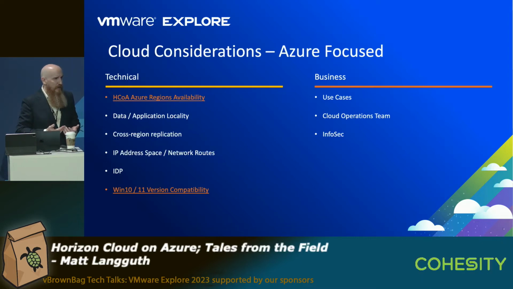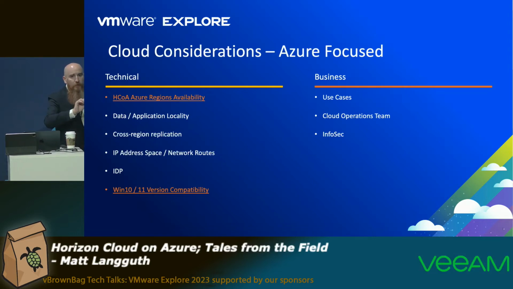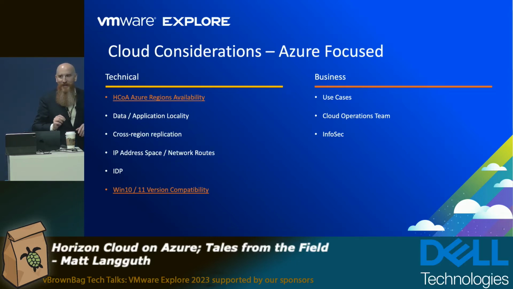So they're going to have operational questions, right? Network security gateways, VNets, how that all plays into their Azure deployment. And especially, regardless of V1 or V2, we're going to be deploying elements into your Azure tenant. And the minute they hear that, the radar goes off, right? It's from both the cloud ops and the InfoSec team. So the sooner that you can get them engaged in this overall deployment, the better.